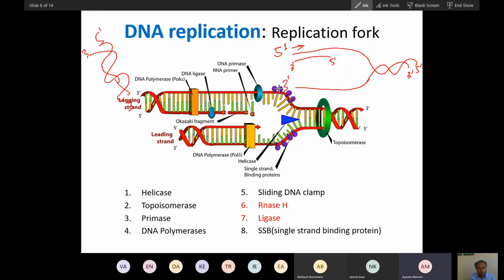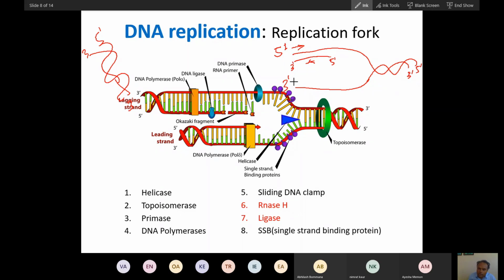I'm not talking about this strand, which is already 5' to 3'; the synthesis will happen 5' to 3'. The second strand has to be in the opposite direction, because this strand is in this direction. That is why the synthesis happens from here to here, like this.